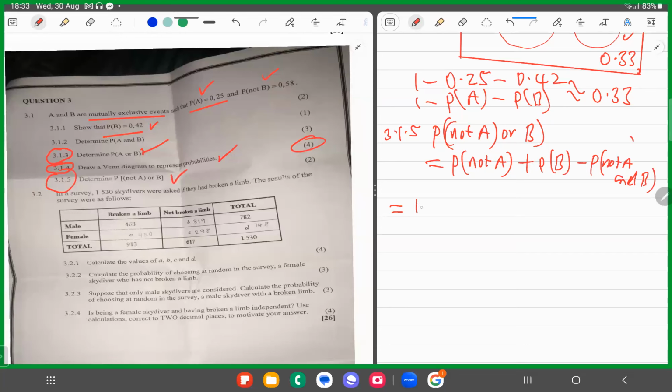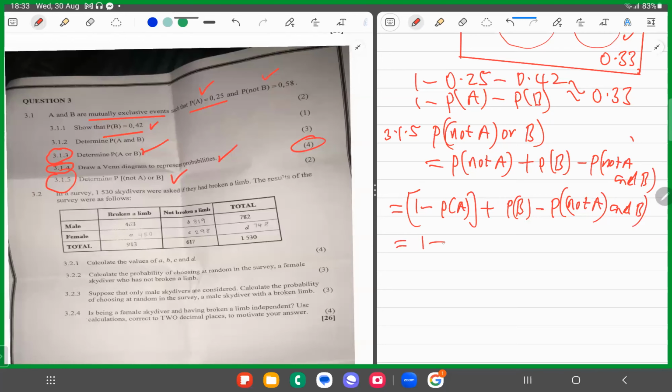The probability of not A is 1 minus the probability of A. The probability of B is there. We're going to substitute this one, and then we have minus the probability of not A and B. This one can be done in many ways.